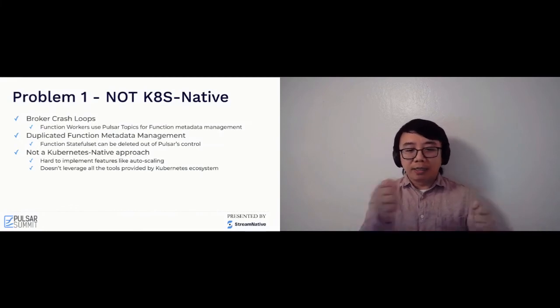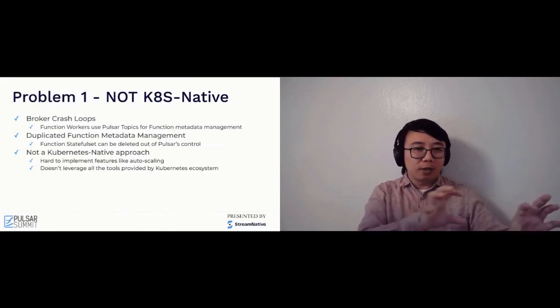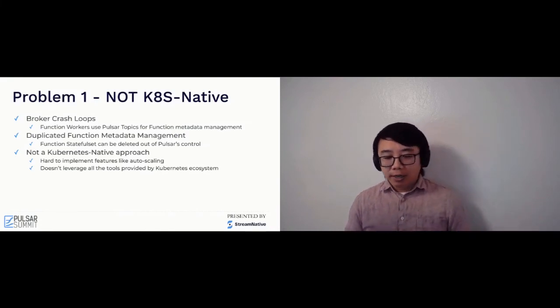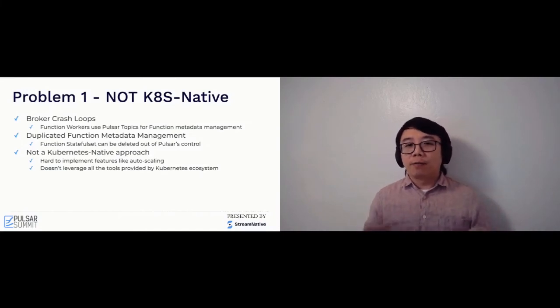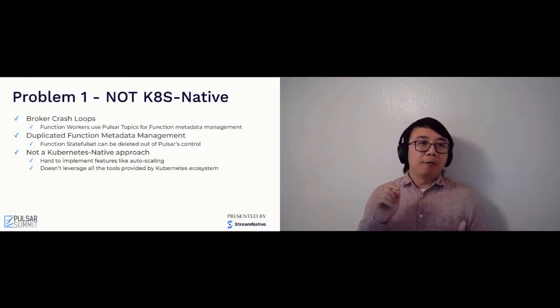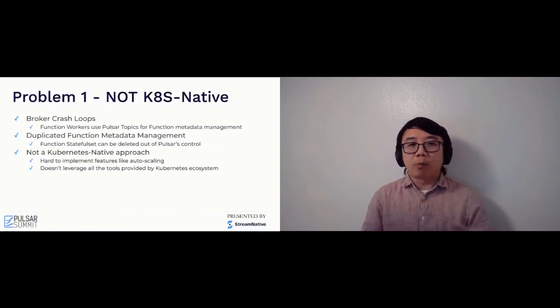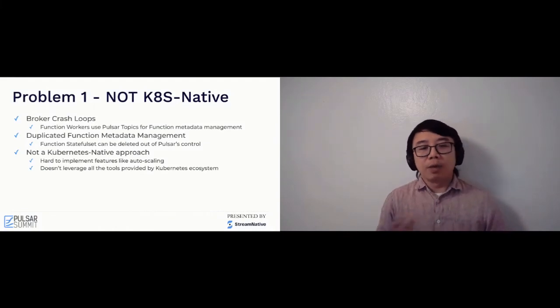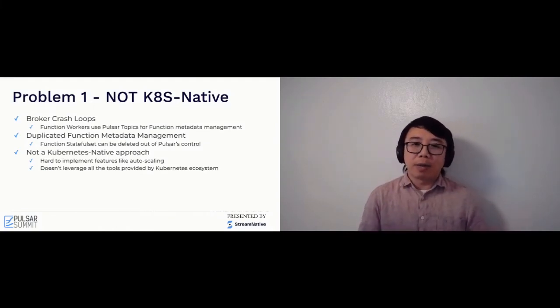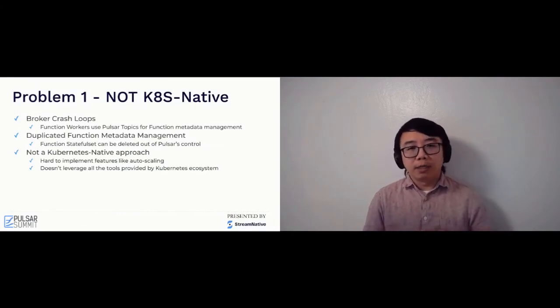So it's a weird dependency between the function worker, the metadata topic, and the broker, and it usually takes a couple of restarts for a broker to reach a certain state. So if you deploy functions, brokers, and function workers on Kubernetes, don't be surprised by this broker crash loop. We have spent time improving the process, but it's not a very natural behavior when you run Pulsar on Kubernetes.